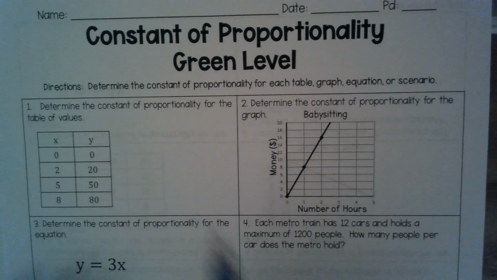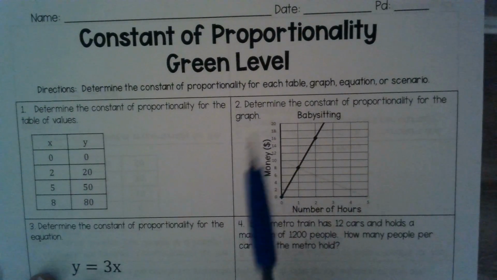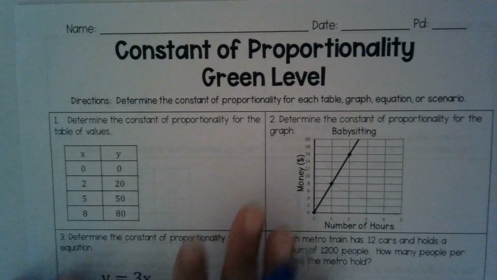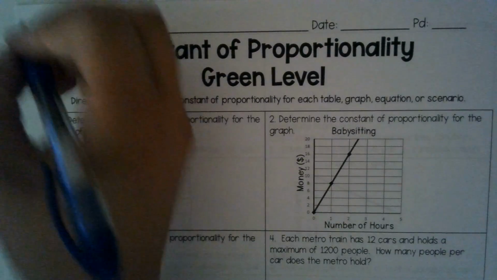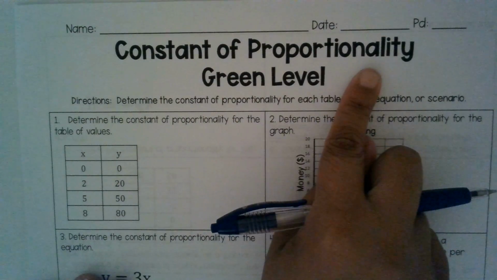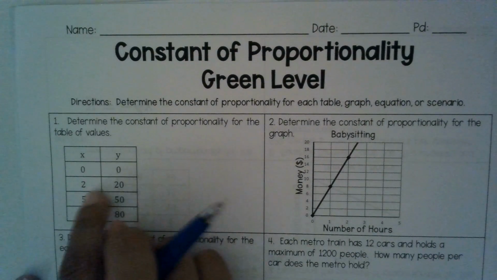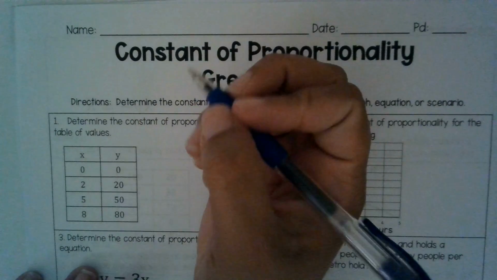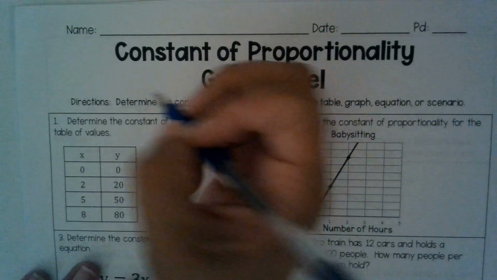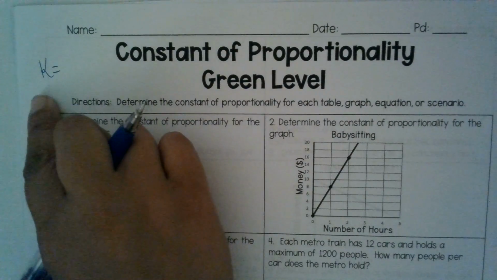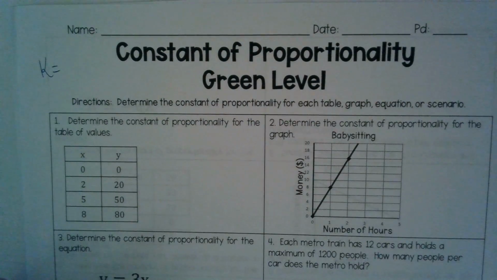So, when we're talking about constant of proportionality, you need to keep in mind there was a little formula. Constant of proportionality is basically my magic number, right? It's kind of the same term as the scale factor, that magic number that we keep getting because we see a pattern. So, in order to find the constant of proportionality, we use a weird letter, K. We don't use C. I don't even know why.